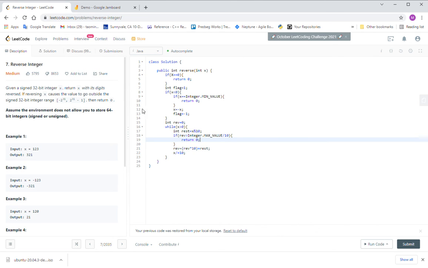We do not want to calculate this every time, so we give a definition here, max d10.